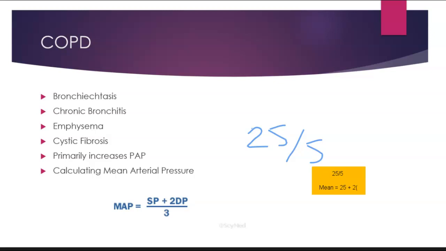So 2 times 5 is 10. And then I'm going to divide the whole thing by 3. I'll put some brackets in here so it's super clear. So 25 plus 2 times 5 is 25 plus 10, which is 35, divided by 3.